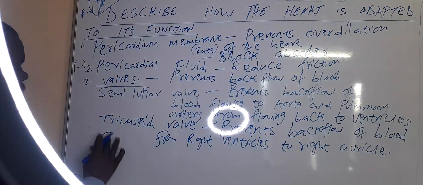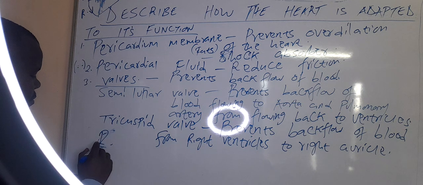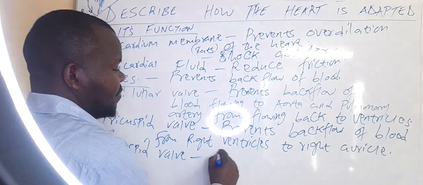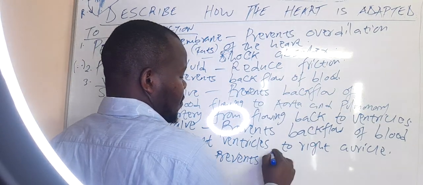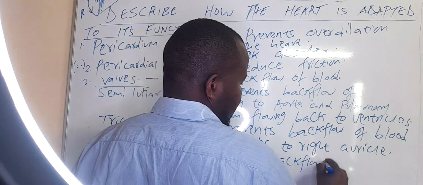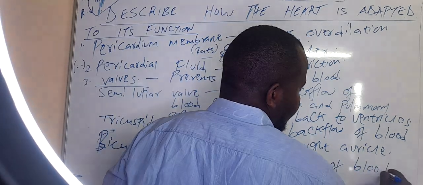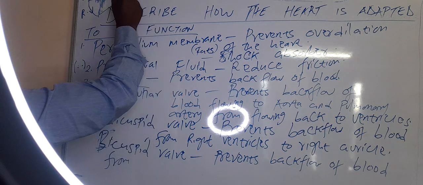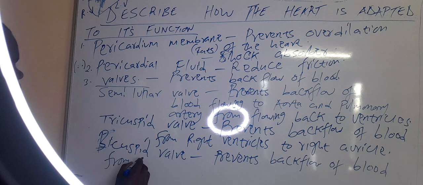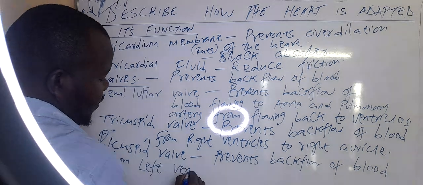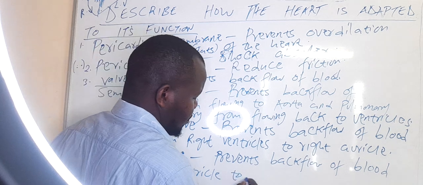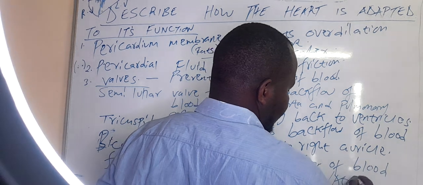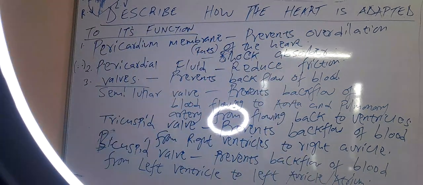Then we have the bicuspid valve. This prevents backflow of blood from the left ventricle to the left auricle, or you can call it the atrium.